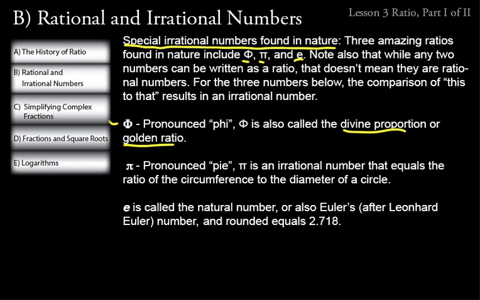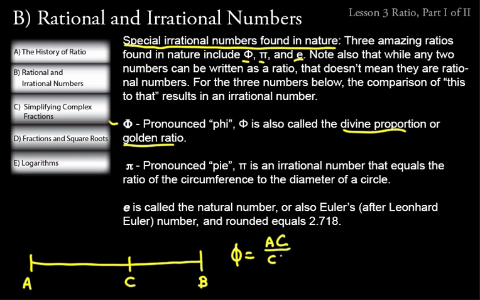And the famous Greek geometer Euclid, whom we'll talk about when we cover geometry, showed that phi can be found from a ratio of line segments, where you have a diagram like this, not exactly like this, but something similar, where this is A, we'll call this point C, and this B, and phi is equal to AC over CB, and it's also equal to AB over AC.